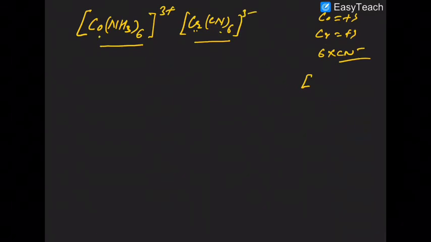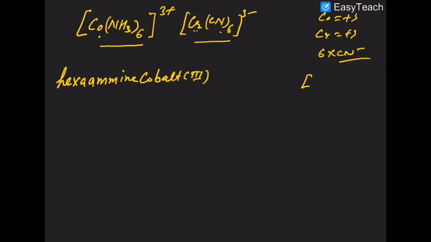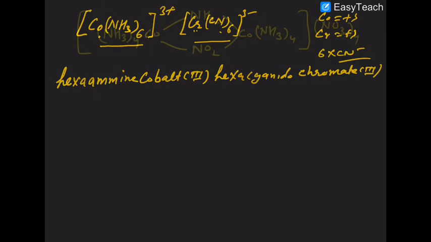Here the name is cobalt, here the name is chromate. You will write the name like that: hexaamine cobalt 3 and hexacyanido chromate 3.